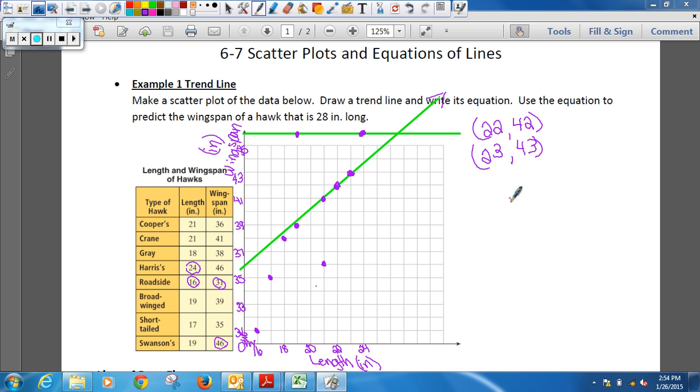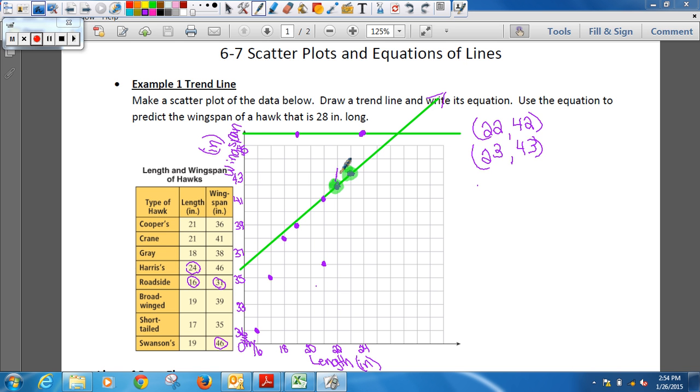So my equation is going to look like this. It doesn't say what format you need to write it in, so I'm going to write it in point-slope form because I have a point and now I'm going to get its slope. You can get its slope by using the 2 points we chose, or you can get it by looking at the graph here. So I chose 22, 42, and 23, 43.